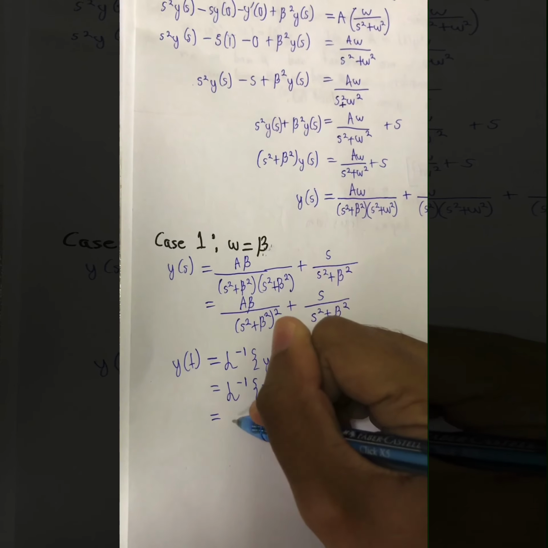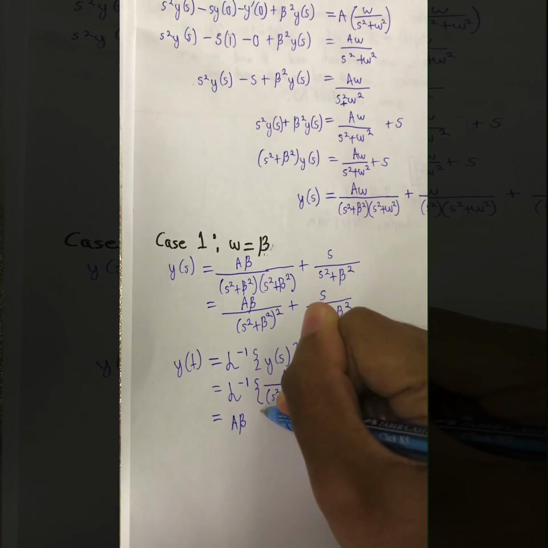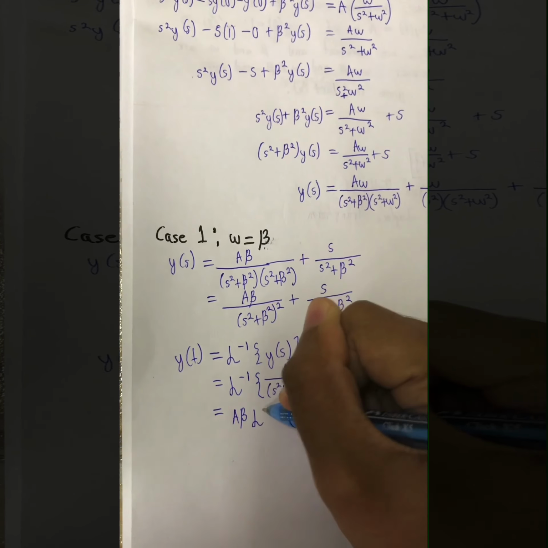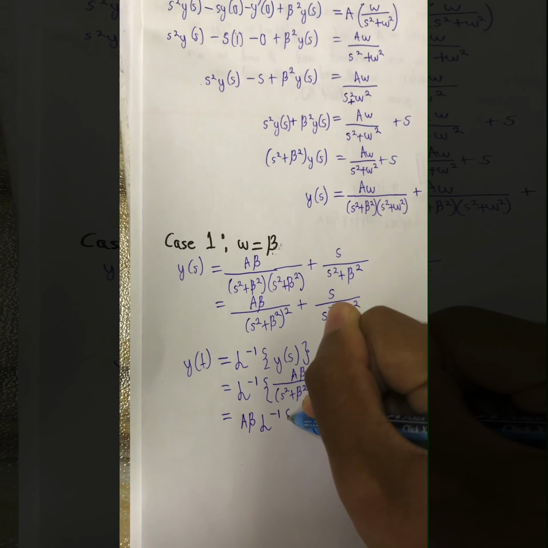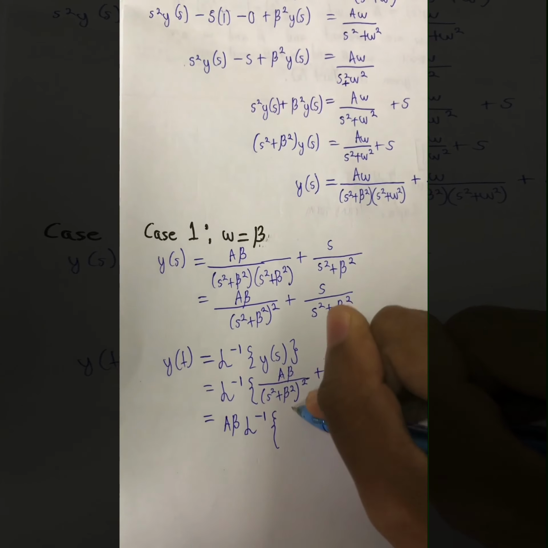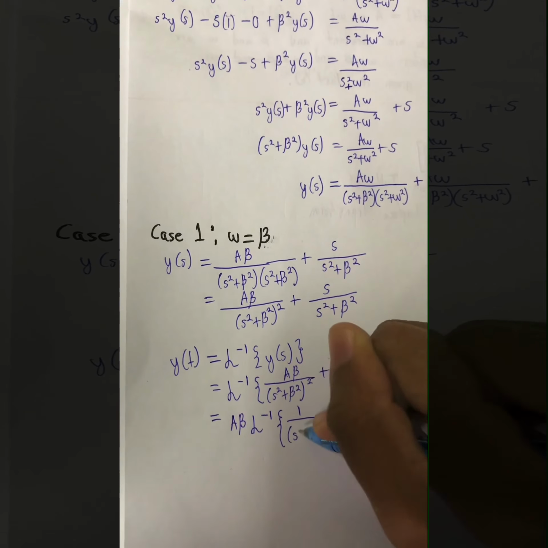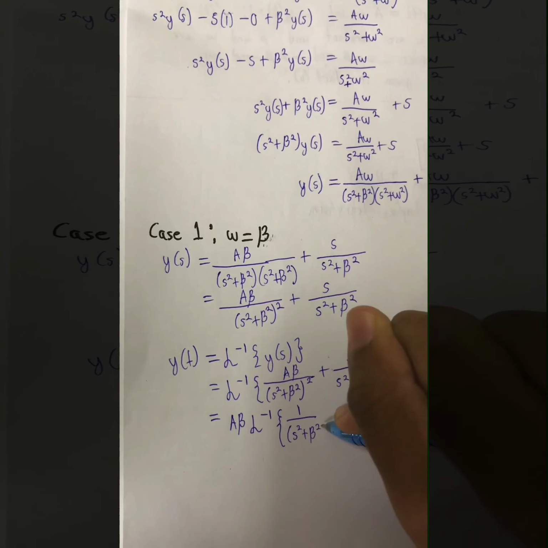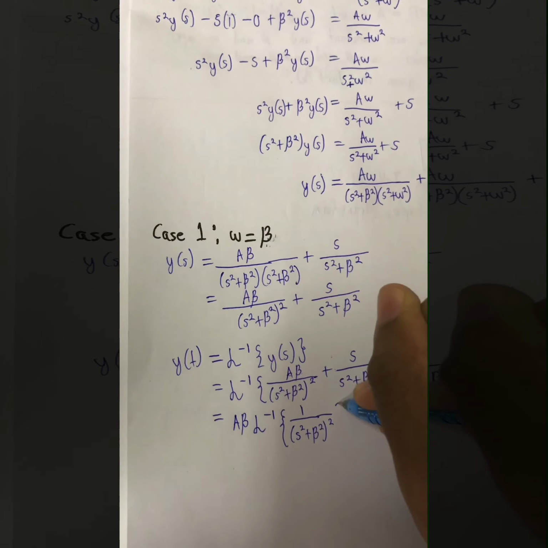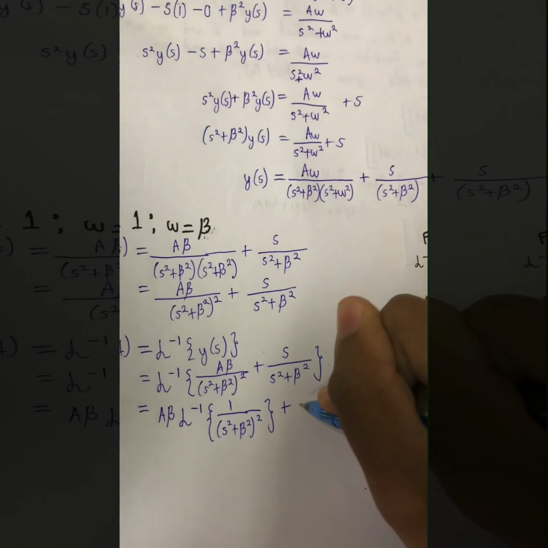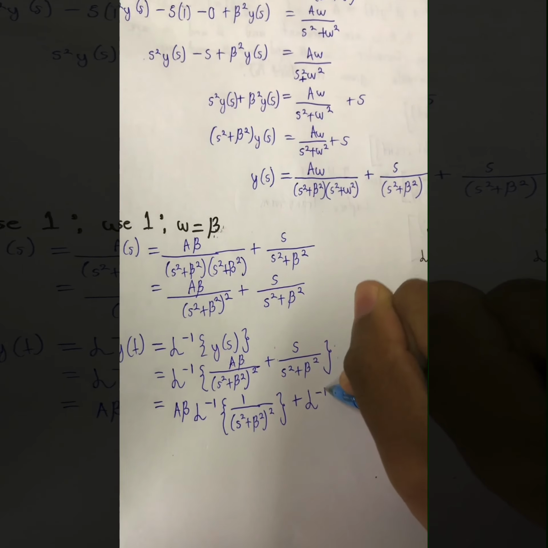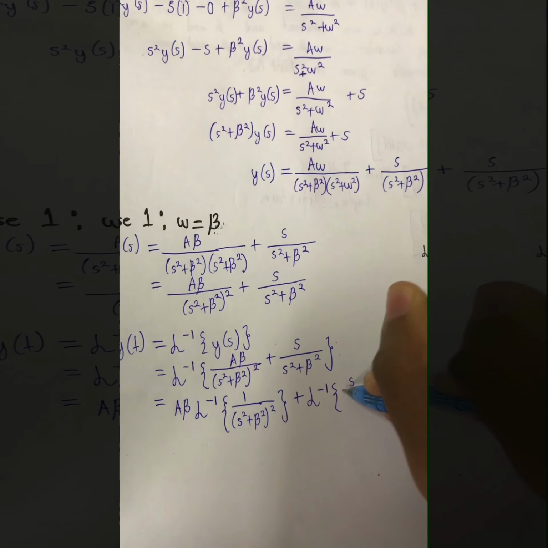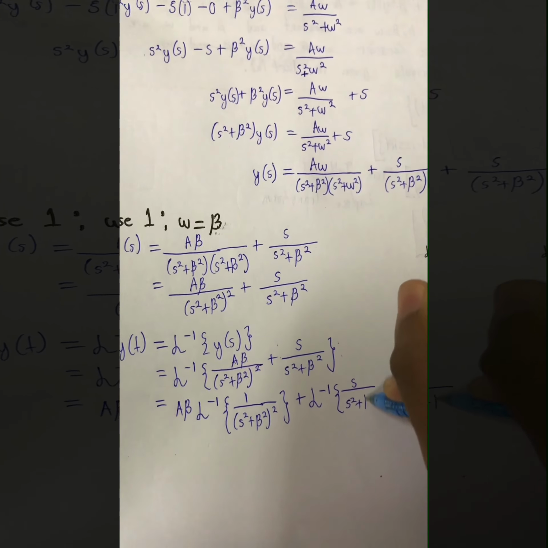So we extract out a and beta with the inverse Laplace of 1 over s square plus beta square, plus the inverse Laplace transform of s over s square plus beta square.